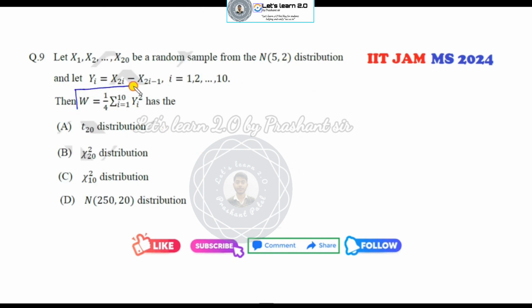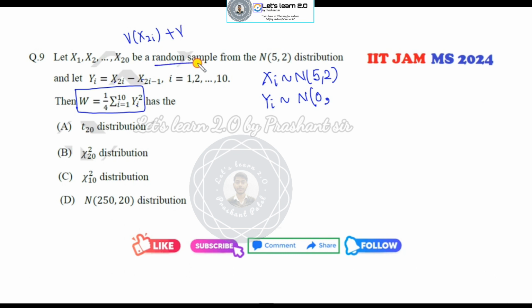Okay, look at this one. Your target is to find this. Fine. Okay, Xi follows the normal distribution of this. We need a Yi. Yi again follows the normal distribution. The mean will be 5 minus 5, that is 0. The variance will be the variance of Xi plus the variance of Xi', because it's a random sample, so they are independent and IID. So 2 plus 2 is 4.